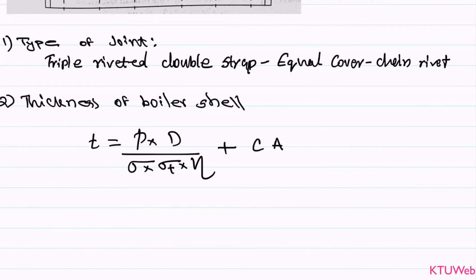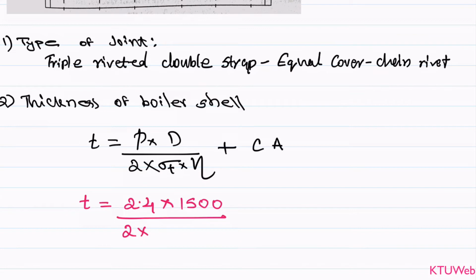We already derived this equation and we can apply the values here. The thickness of that shell is given by the pressure inside. It is given in the question as 2.4 megapascal into diameter, which is given as 1.5 meter, that is 1500 mm, divided by 2 into sigma T is 124. It's given data, into the efficiency.